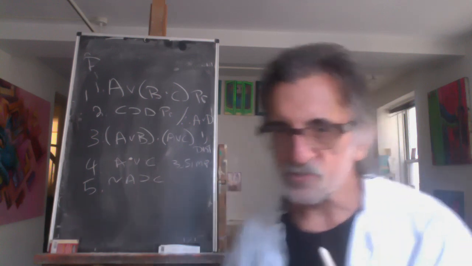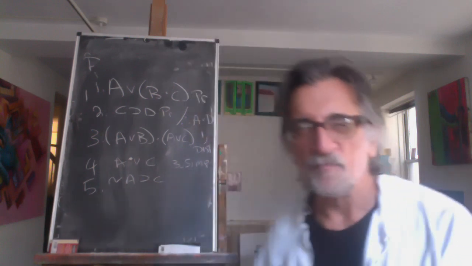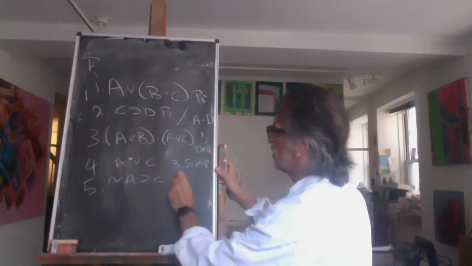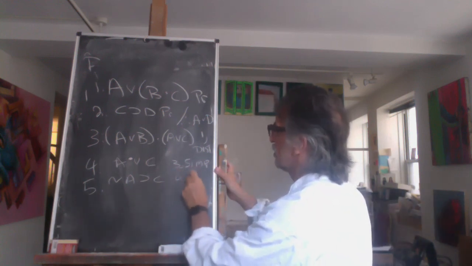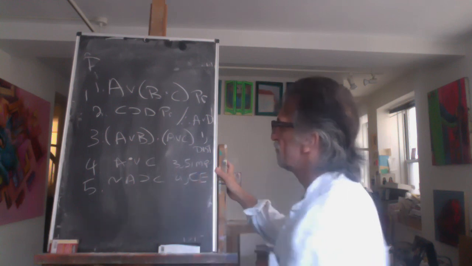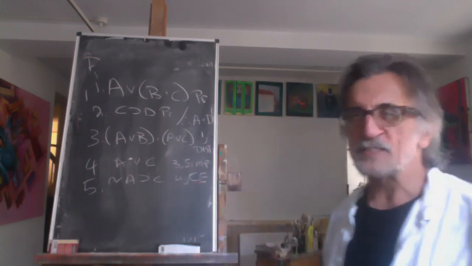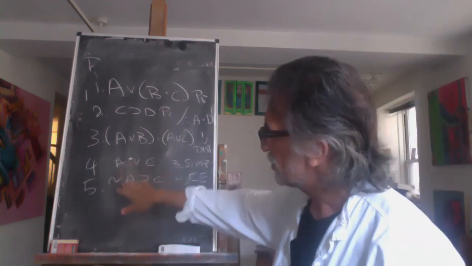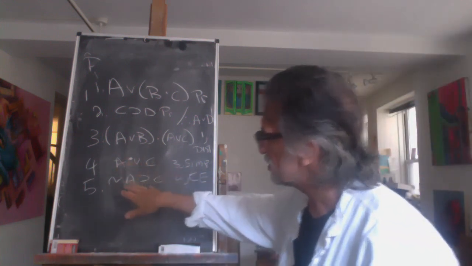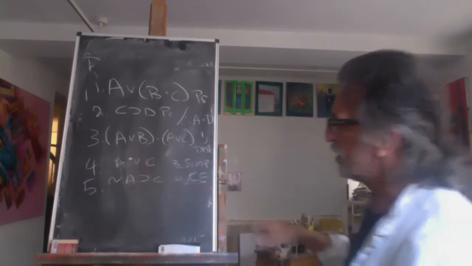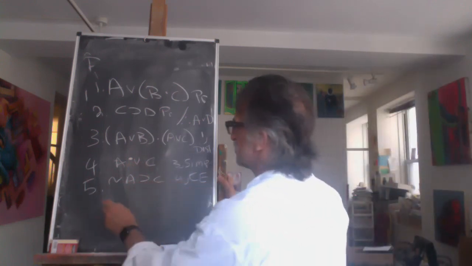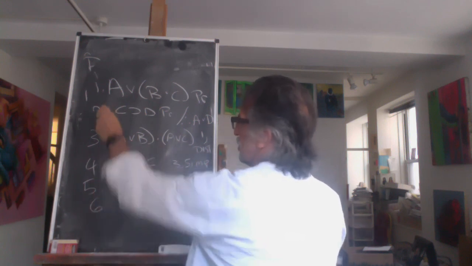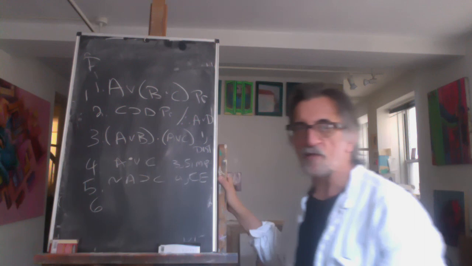My apologies. For a second, I forgot what the proof I had come up with here, but now I remember. We turn that disjunction into a conditional statement, right? A or C is replaced by if not A, then C. Now we go back to the second premise.